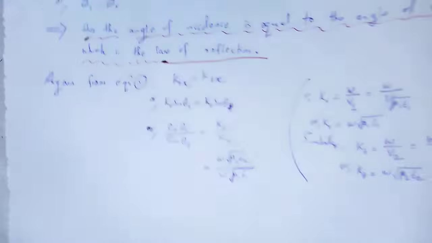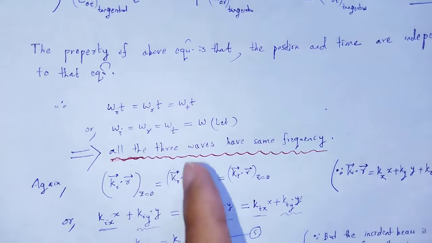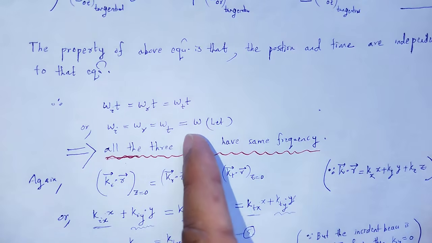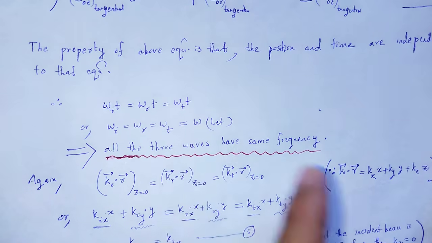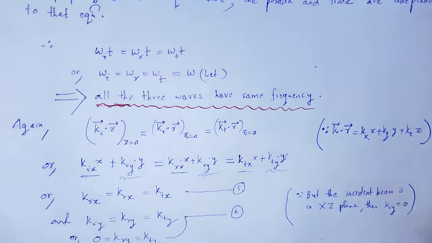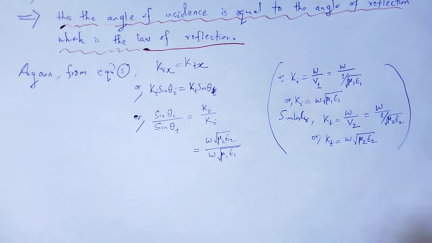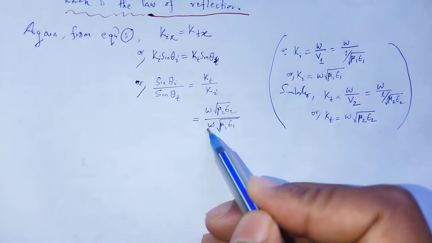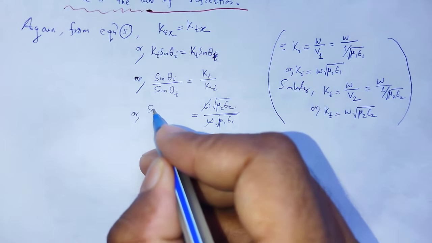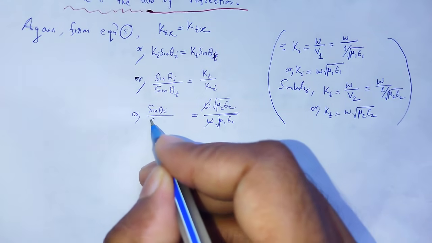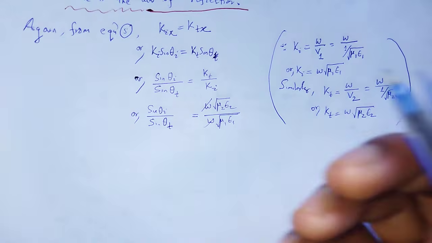As we derived in an equation, the angular frequencies are the same for all three waves. Therefore, in medium 1 and medium 2, omega is the same. So omega cancels out.